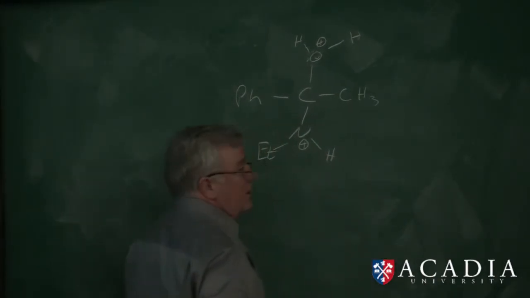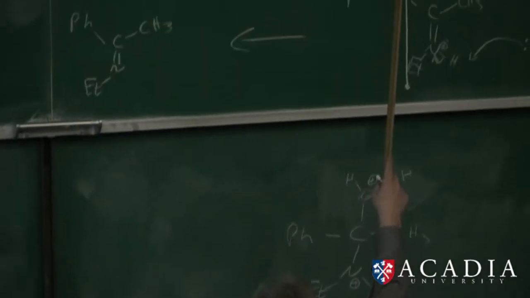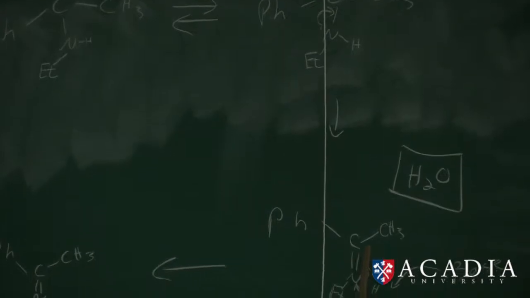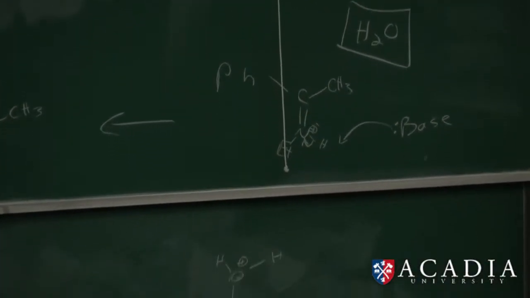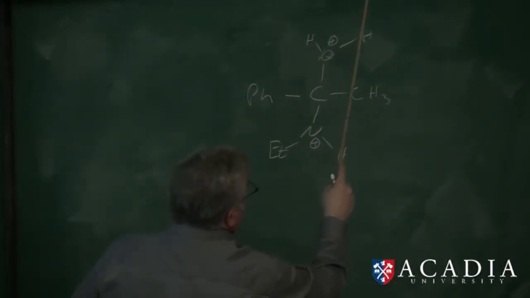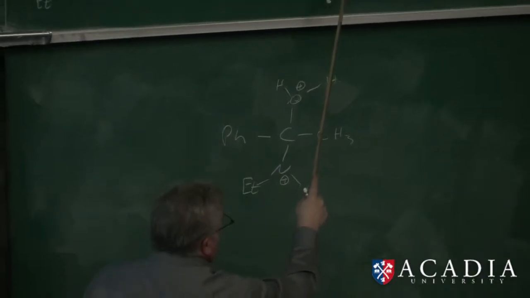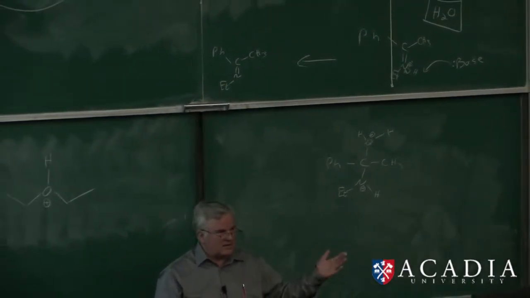There's another thing we could have done. I could have done the same thing, and instead of pushing it off, I could have left it, and instead of getting this, I could have had a resonance structure where the positive charge was on the carbon, and we just had a nitrogen-carbon single bond. If you did that, I would be fine with that. That's fine. There's lots of ways to do things.